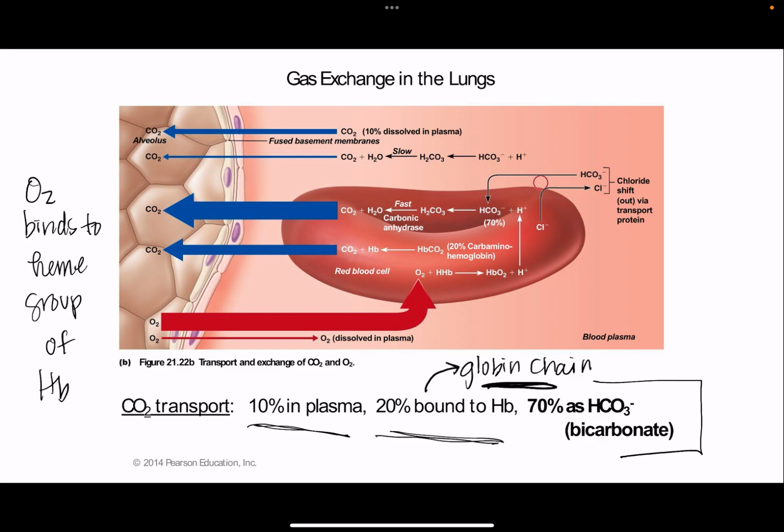But most of it is going to be in the form of bicarbonate, where we use that equation to convert it into a different version of itself. Okay. So make sure you remember those percentages. Most of our CO2 is transported as bicarbonate. 20% is bound to hemoglobin. Only 10% is dissolved in the plasma.